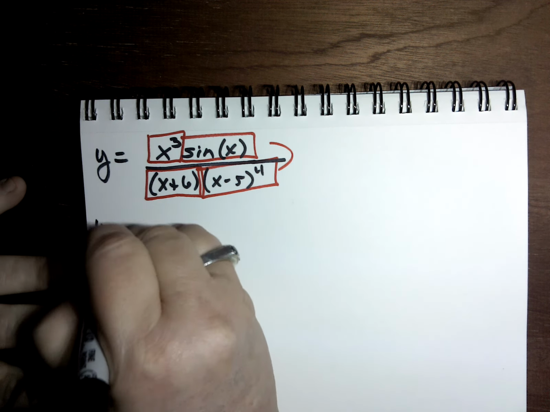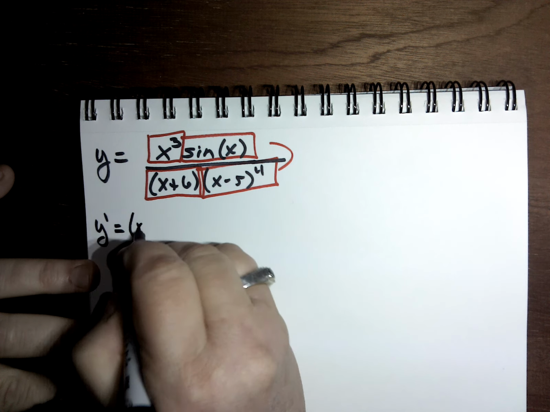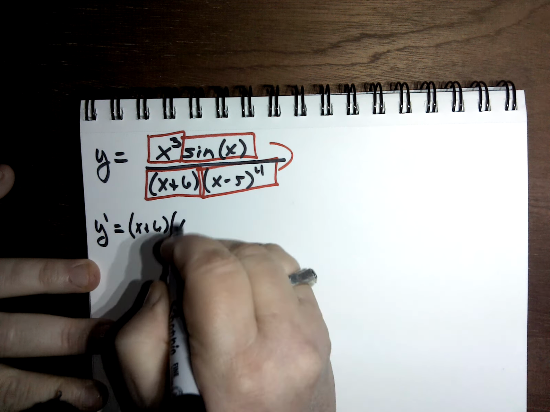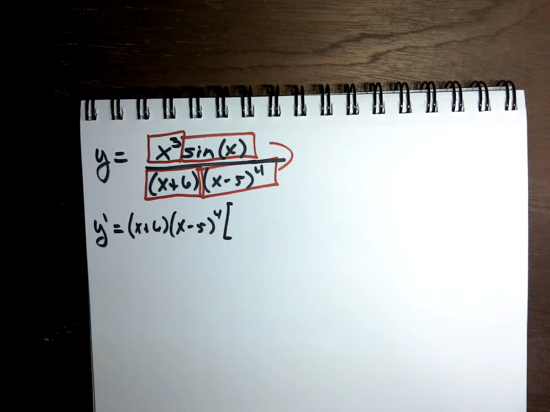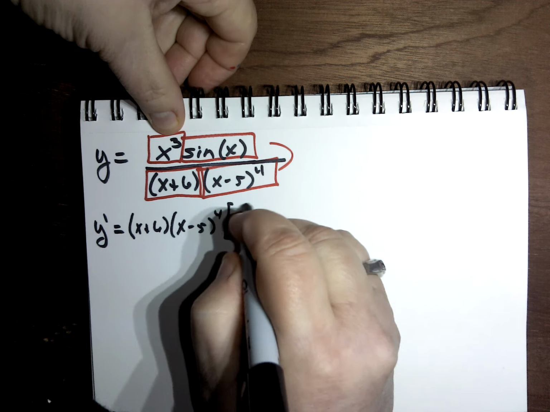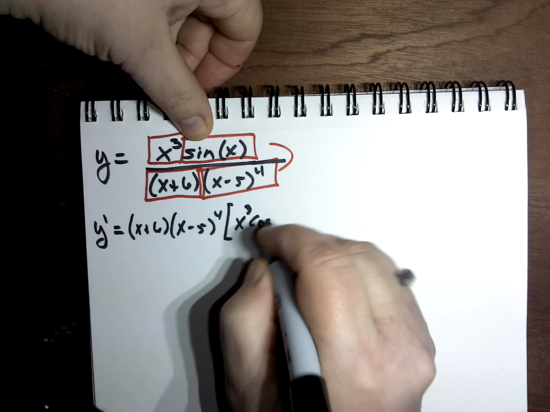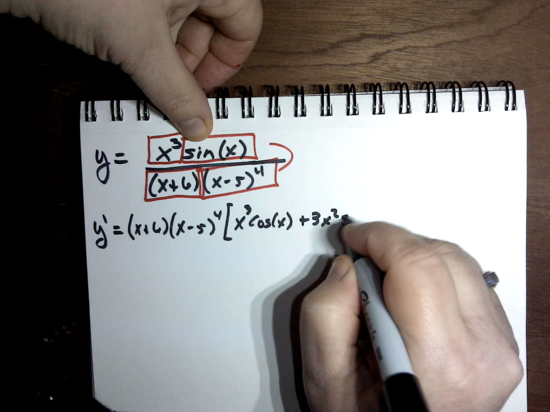Hopefully. All right, y prime. The bottom, x plus 6 times x minus 5 to the 4th, times the derivative of the top. So I have a product rule. x cubed, derivative of sine is cosine. Then 3x squared times sine.